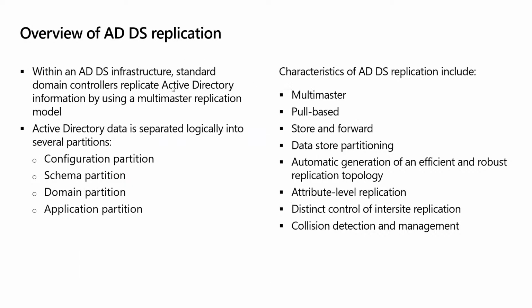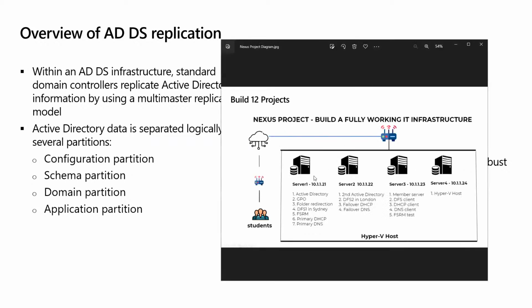Okay, so that's multi-master. AD data is separated logically into several partitions. The config partition contains how AD connects to another AD, and many more. The schema partition contains the database structure. Let's say login ID, administrator, date created, August 28, something like that.